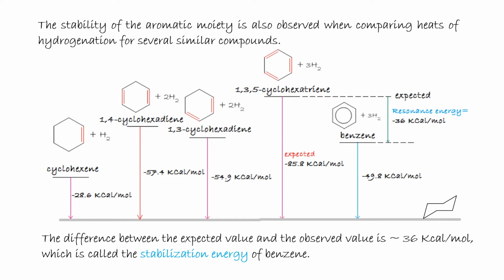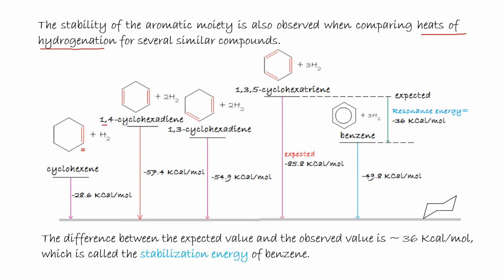One more piece of evidence came from the stability of the aromatic moiety when comparing heat of hydrogenation for similar compounds. If we hydrogenate a cyclohexene compound with only 1 double bond, we get a release of energy. It's an exothermic reaction, 28.6 kilocalorie per mole.